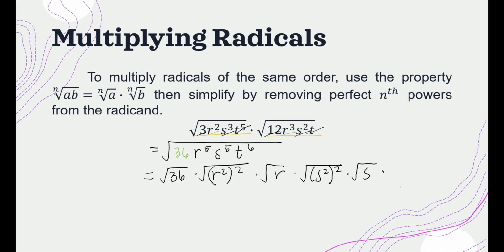And then for the variable t, that would be equal to the square root of t cubed squared, because t cubed squared is equal to t raised to 6.